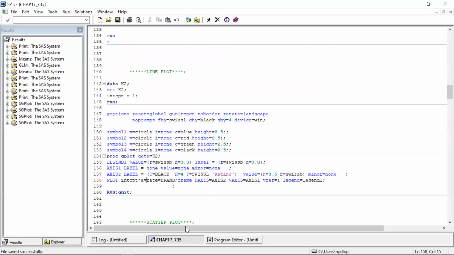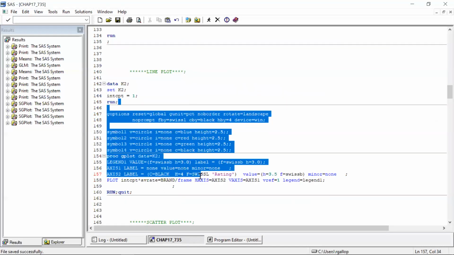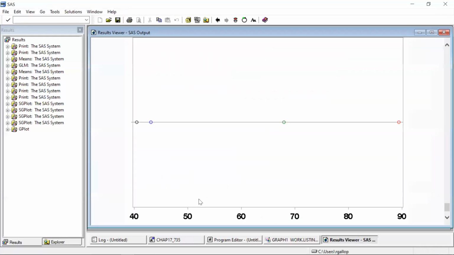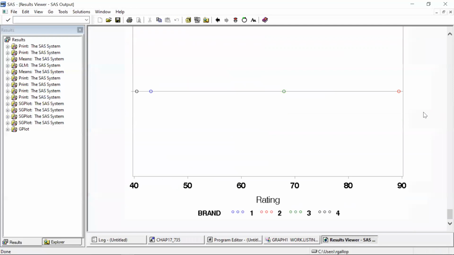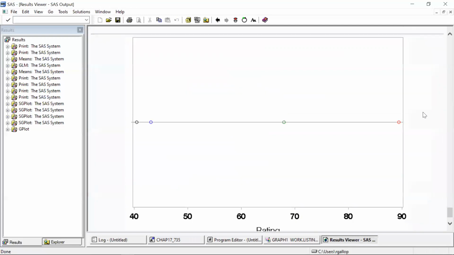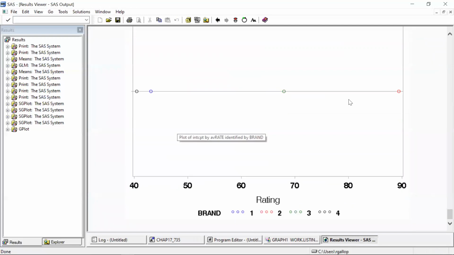In this case, I saw that mistake where I had the wrong variable name, but this creates this graph. And this graph, as you guys see here, is showing me the mean rating for the four brands. That graph's fine, right?